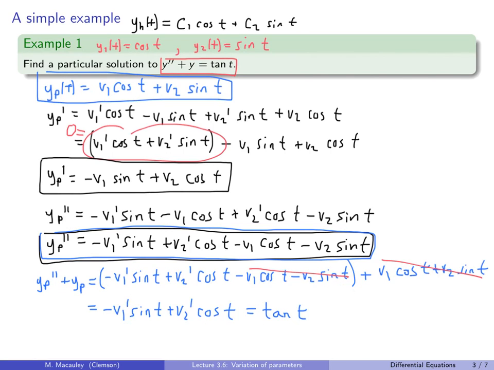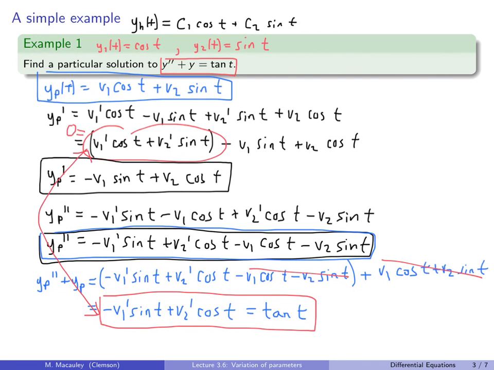I'm going to box this. And what else do we have? We have this equation involving v1 prime and v2 prime, and we also have this equation involving v1 prime and v2 prime. So these two equations are actually a system of first-order differential equations, which I know we haven't learned how to solve, but in this case, this is one of the special cases where we can solve it.